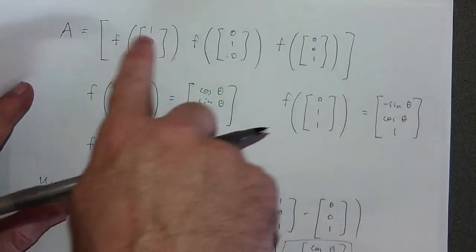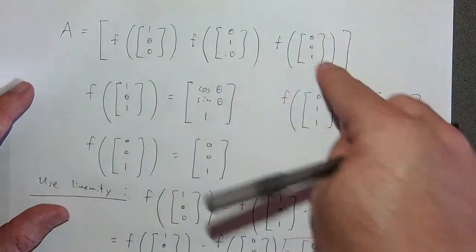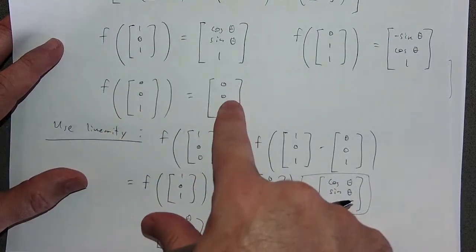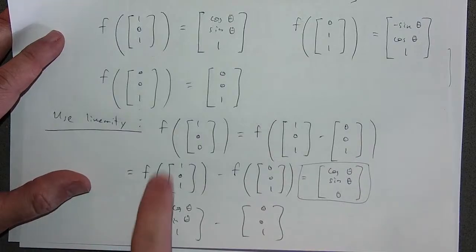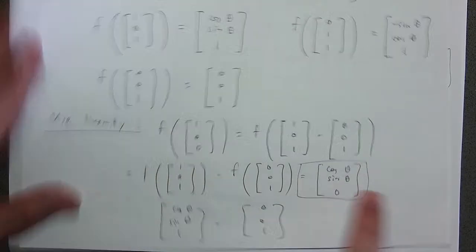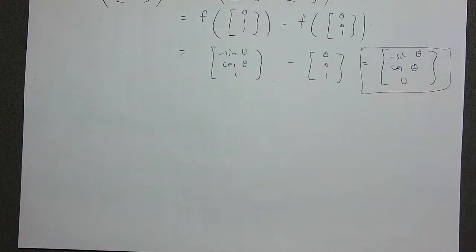A is f of 1, 0, 0 in the first column, f of 0, 1, 0 in the second column, and f of 0, 0, 1 in the last column. f of 0, 0, 1 is 0, 0, 1, it fixes the point 0, 0. f of 1, 0, 0 is cosine theta, sine theta, 0. And f of 0, 1, 0 is minus sine theta, cosine theta, 0.